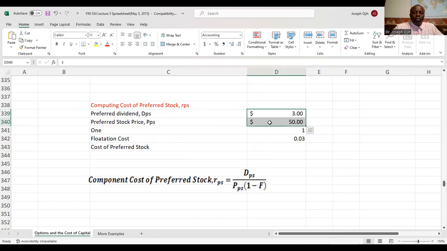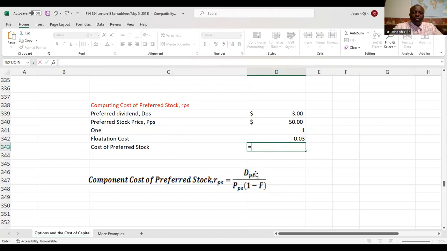Okay, good. So I will have equals DPS, which is 3, divided by, in parentheses, PPS, the preferred stock price, $50, times, which is the asterisk in Excel, 1 minus the flotation cost of 3%, and then close the parentheses, and press the enter key to give you the cost.